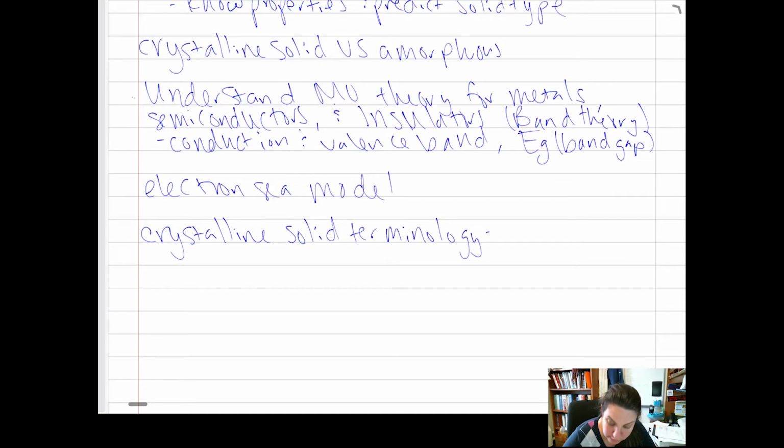So unit cell, lattice points, lattice. You should know your different types of lattice points.